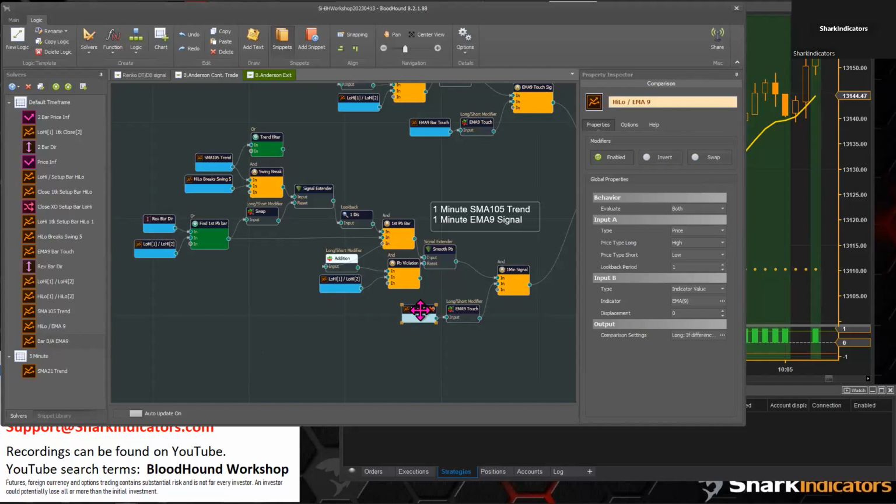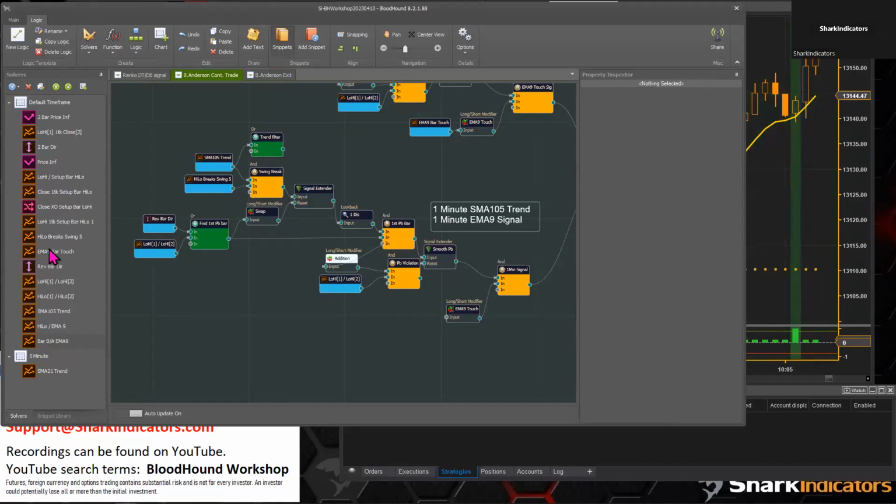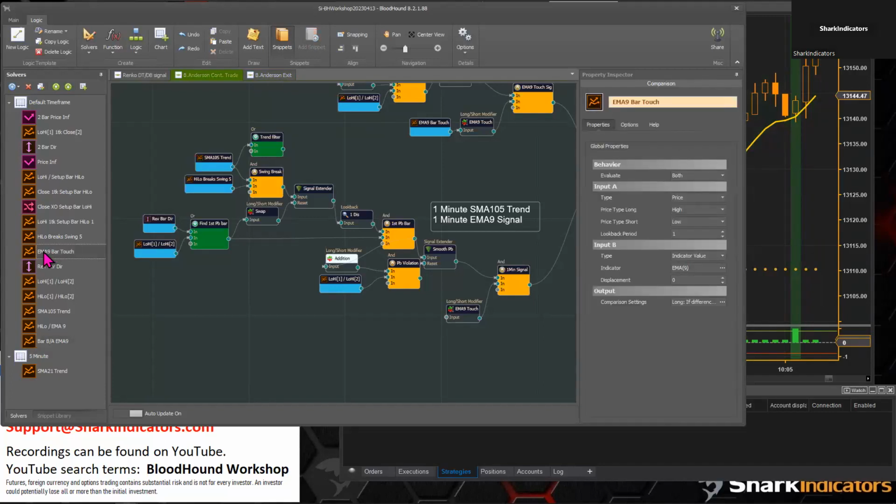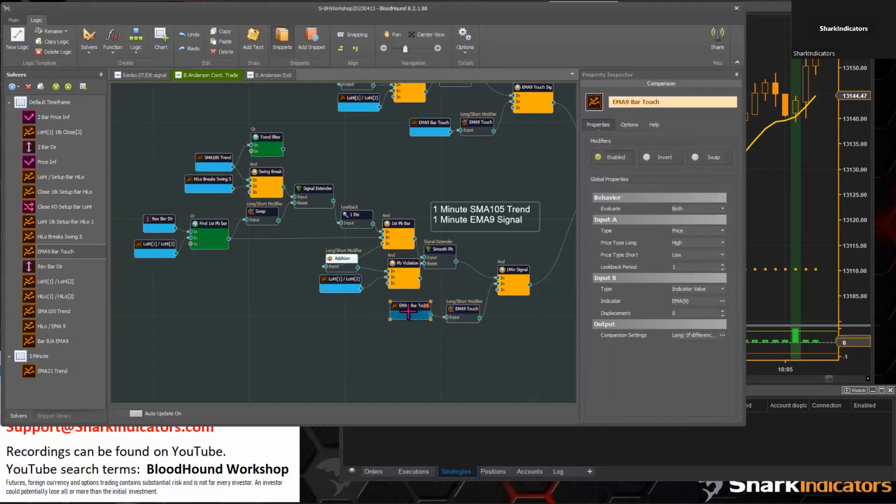Oh, yeah, so it looks like we're not using the same solver. So let's get rid of that. There we go. There's that solver I just renamed, so I could pull it down, connect it up.